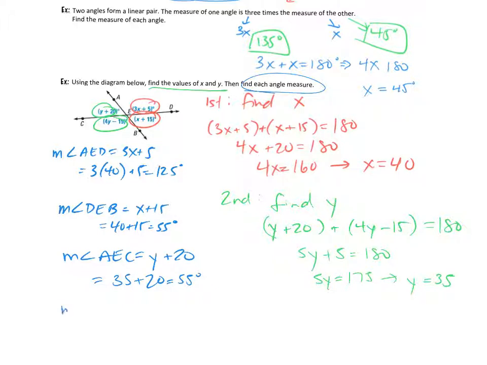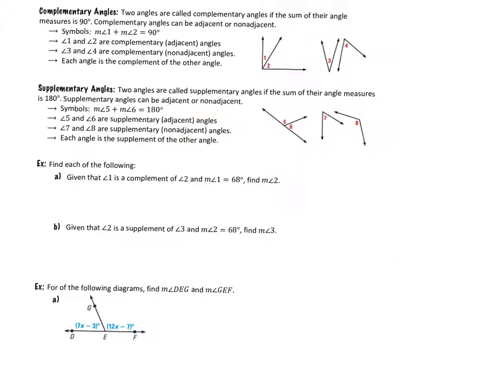And the measure of angle CEB is 4y minus 15, so that is 4 times 35 minus 15, which gives us 140 minus 15, or 125 degrees. And so those are our answers.